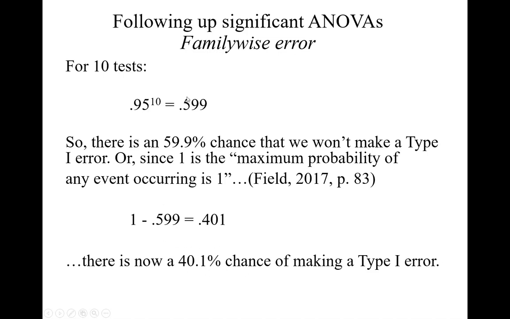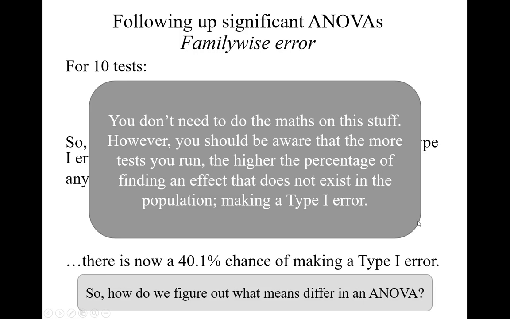So with 10 t-tests, you can see it's jumped up to nearly a 50-50 chance of making a type 1 error, which means that our tests are pretty useless. We could go one way or the other with nearly the same amount of probability. So you can see how it can jump up pretty quickly.